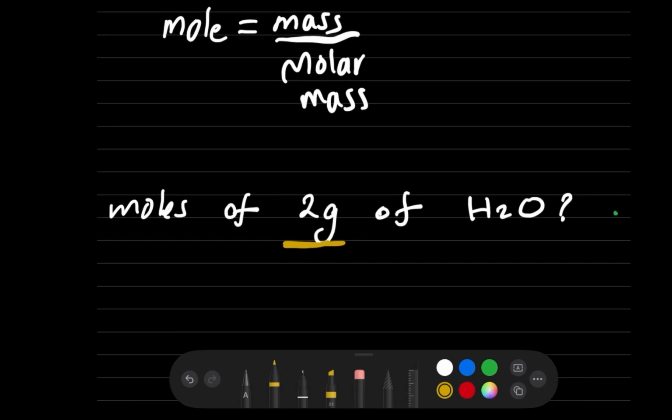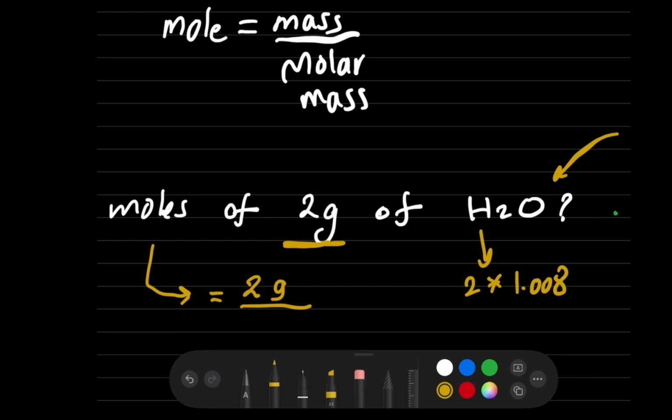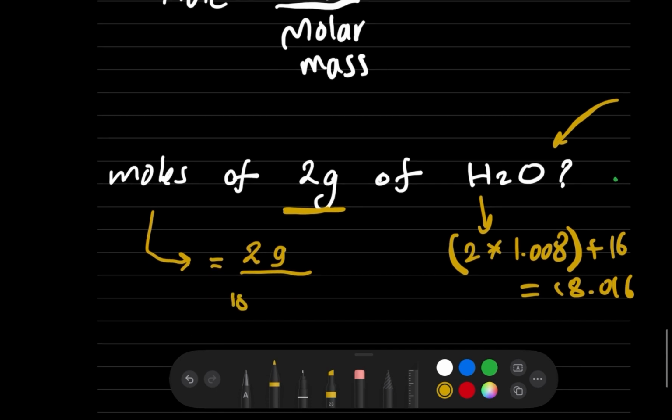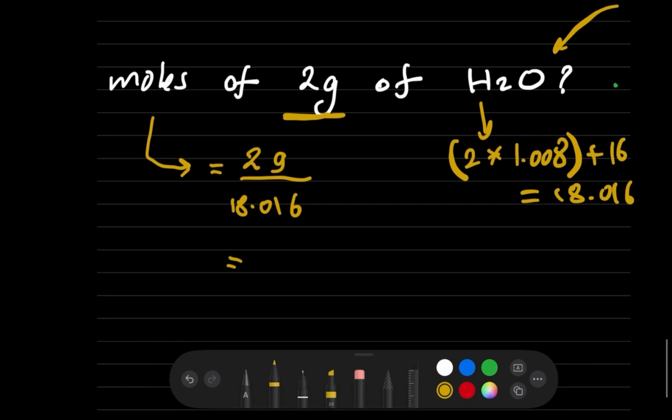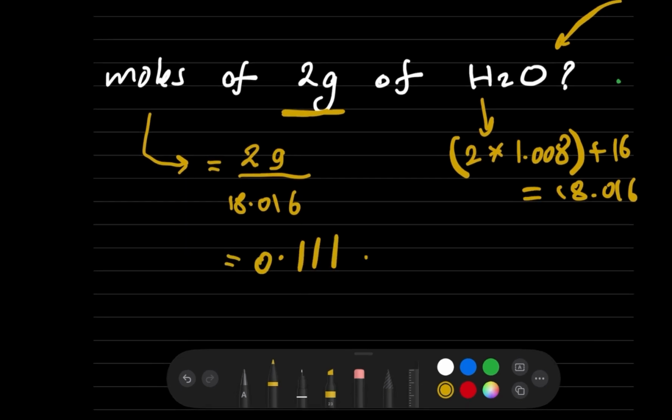The moles of water are equal to the mass, which is 2 grams, over the molar mass of water. We have 2 hydrogen, so 2 times 1.008 plus 16, which equals 18.016. At this point, you can divide, and the answer is equal to 0.111 mole.